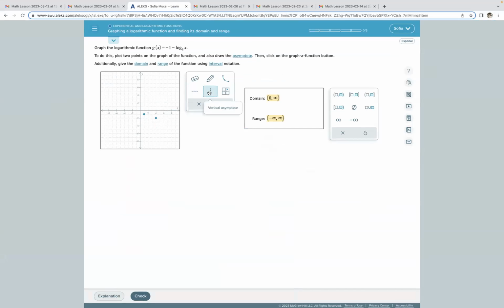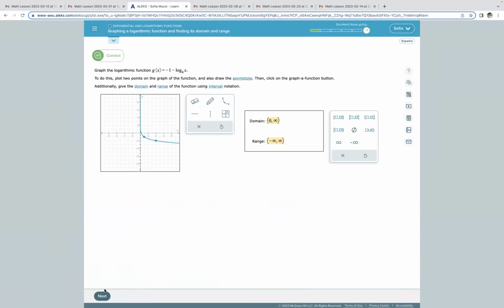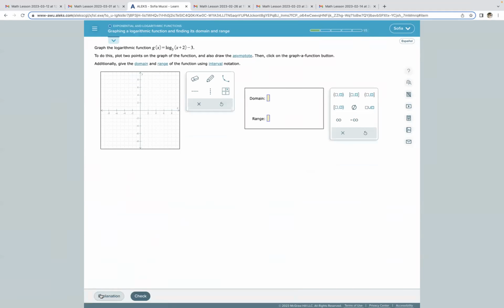That looks right. All right, let me grab a snip. I'll do the same thing. This one's a little bit more challenging.